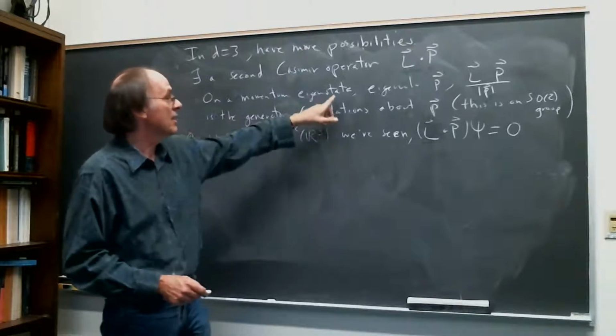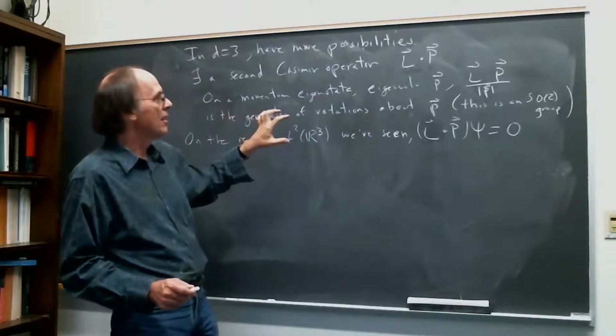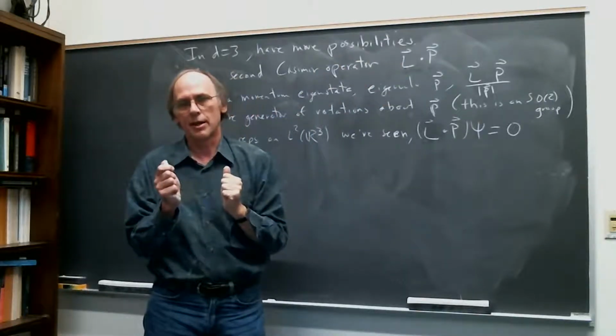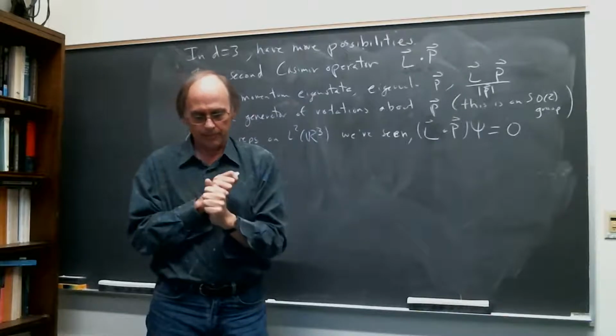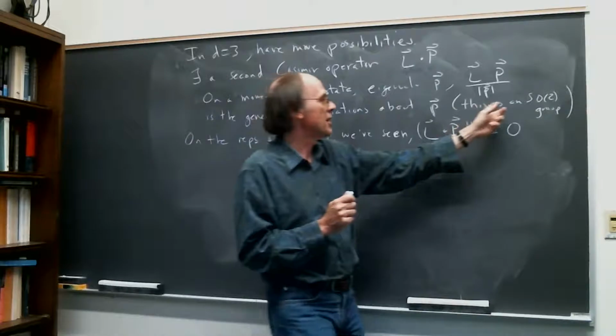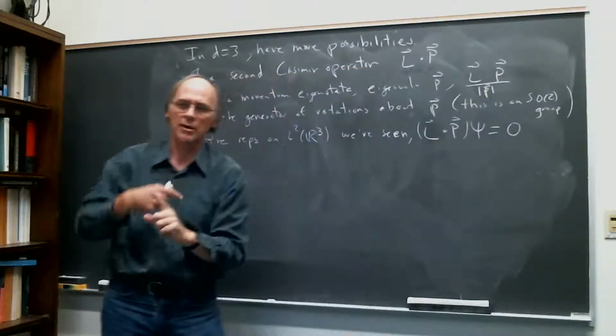But as far as the Euclidean group is concerned, the second Casimir is a second order operator in the Lie algebra. But it does generate an SO2 group, this group of rotations around the p vector.